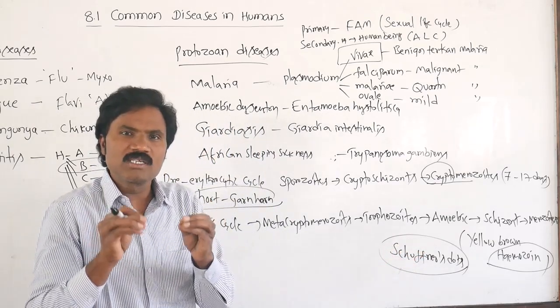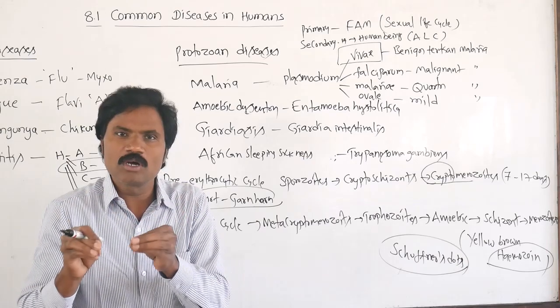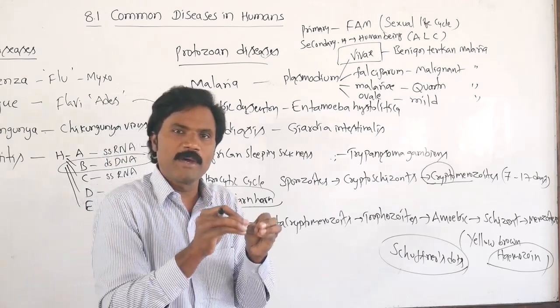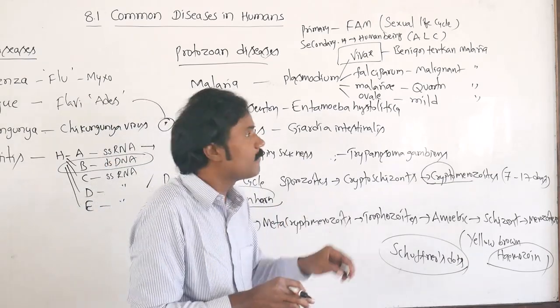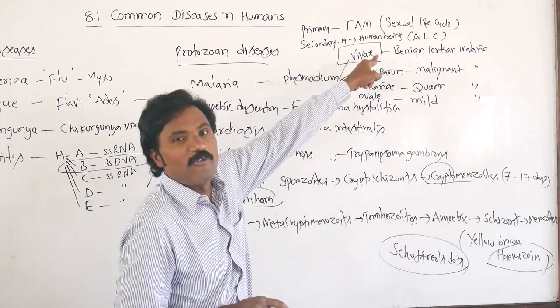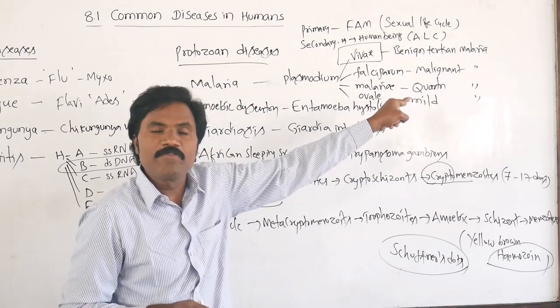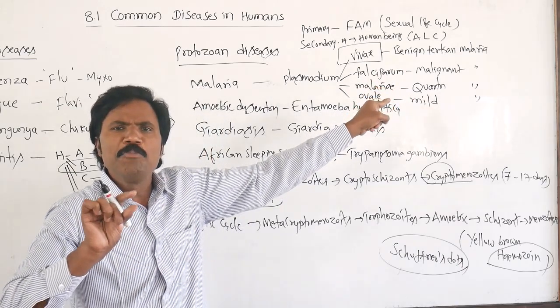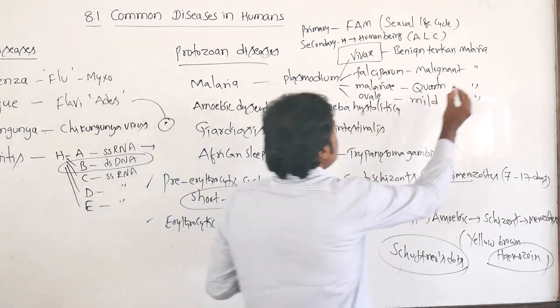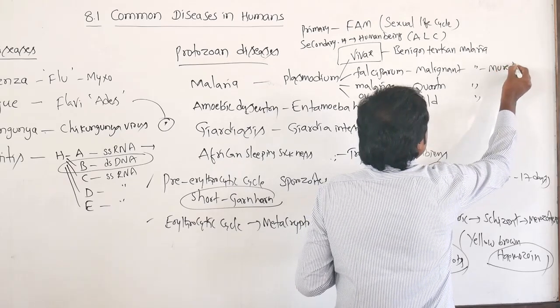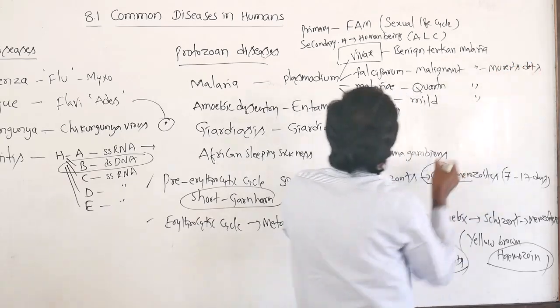So what is the test? If Schaffner's dots are present, then what type of plasmodium parasite is normally present? There is Plasmodium vivax. It identifies Schaffner's dots. Then falciparum: in falciparum, Maurer's dots are present.